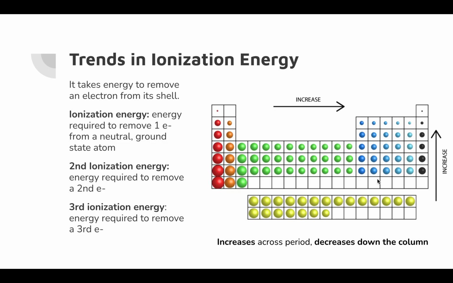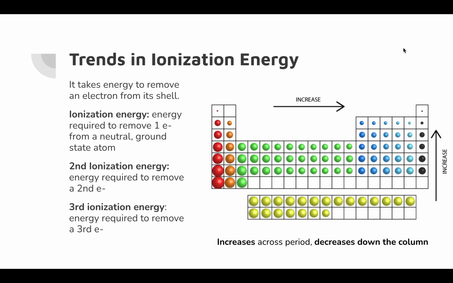The ionization energy is at a minimum for the alkali metals on this side. It's more favorable to take off an electron for the alkali metals, so their ionization energy is really small.